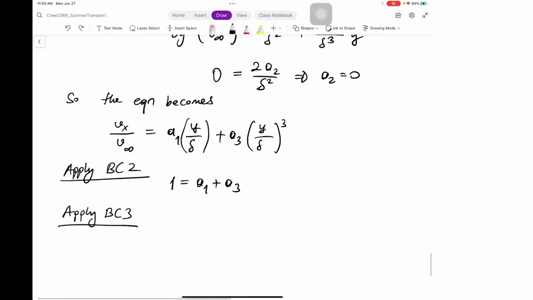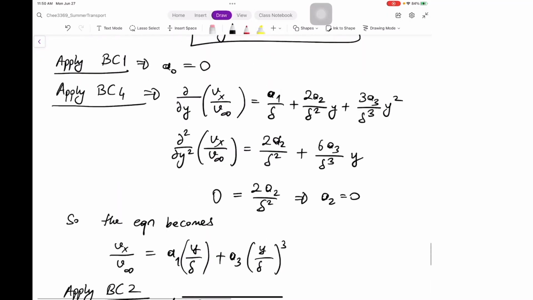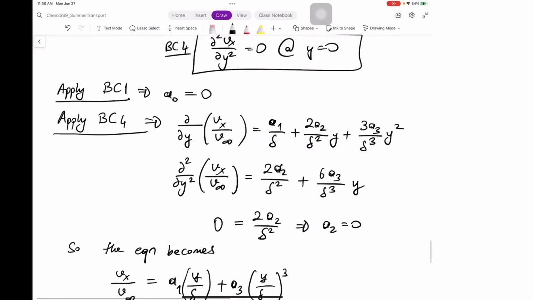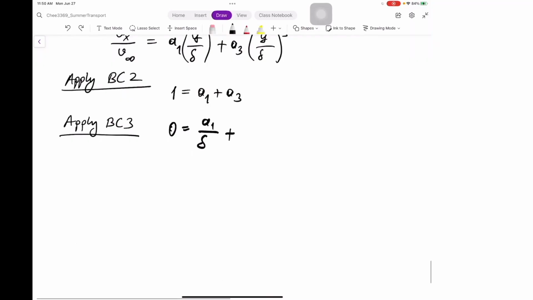So you get 0 on the left hand side, and the right hand side is a1 over delta plus, we don't have the a2 term, we have only the a3 term, 3a3 over delta. If you multiply by delta and take the 3a3 to the other side, you get a1 is equal to minus 3a3.